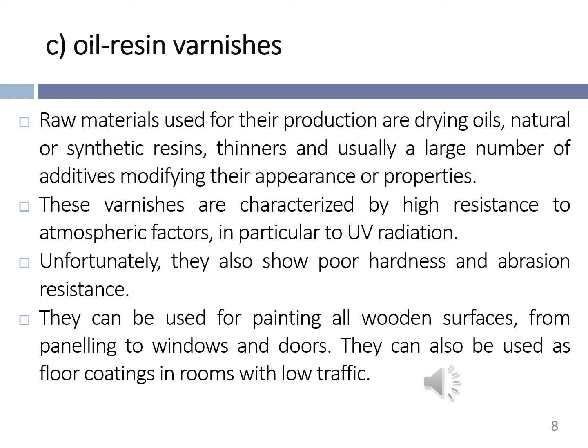So, which raw materials are used for the production of oil resin varnishes? The raw materials which are involved are drying oils, natural resins, synthetic resins, thinners, and a large number of other additives.